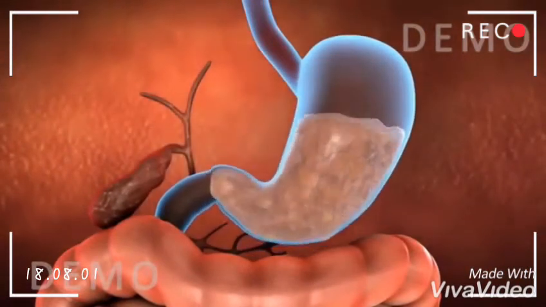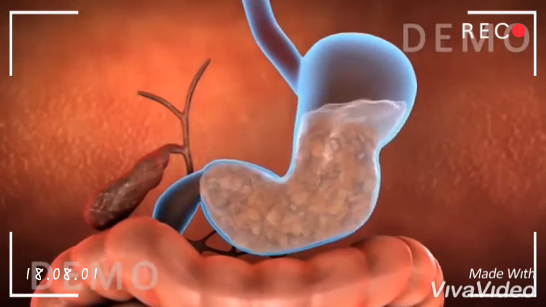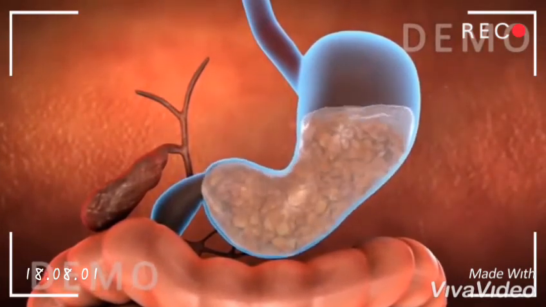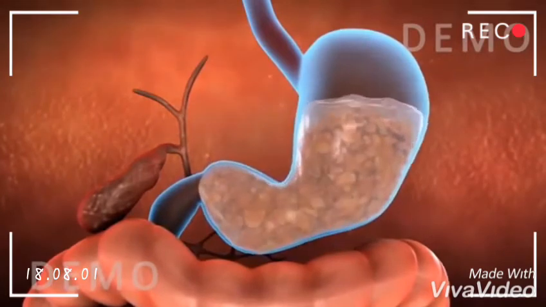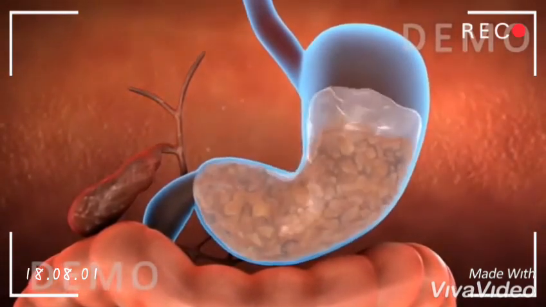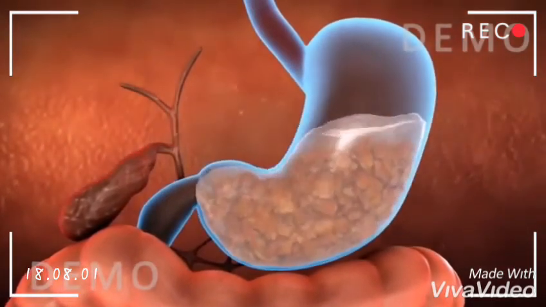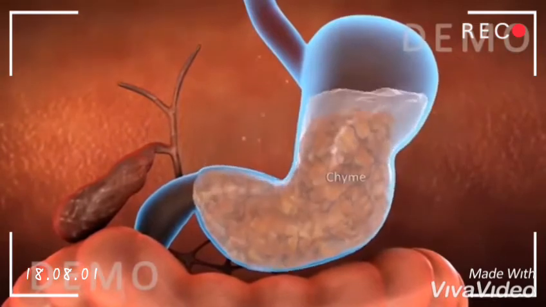Muscular contractions in the stomach churn this food mass to further break it down and mix it with secretions in the stomach to form a thick liquid. This thick liquid is called chyme.